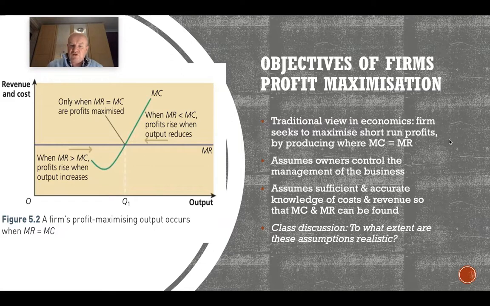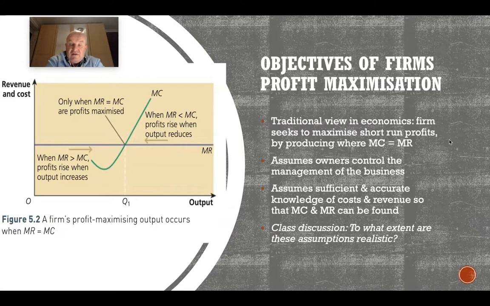there are some assumptions within this objective. Now it does assume that owners control the management of the business, and it also assumes that there is sufficient and accurate knowledge on cost and revenue, so that effectively the business knows exactly what the marginal cost of each item is, and also what the marginal revenue generated is.